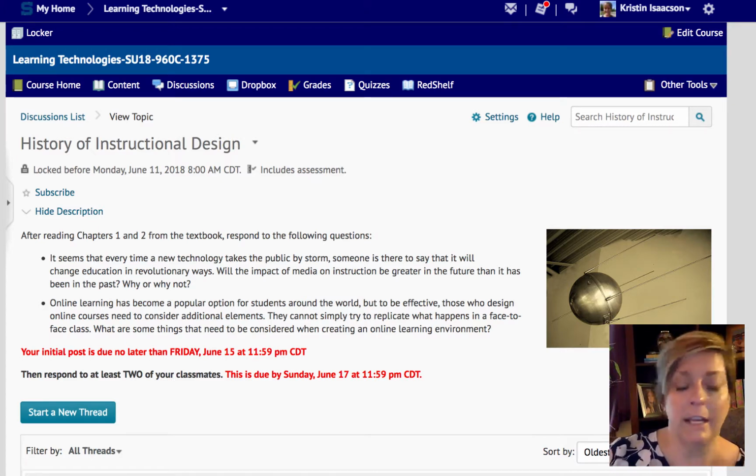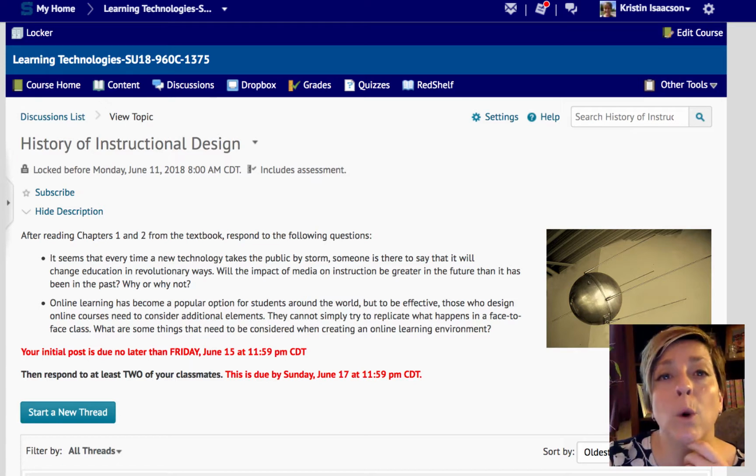I am looking at, if you think paper is a media or medium that you can use, that textbooks are, that over the course of history, again, that motion picture, that radio, that film, computers, the internet, all of those pieces are different types of media. So think about, will the impact of media on instruction be greater in the future than it has been in the past? Why or why not?